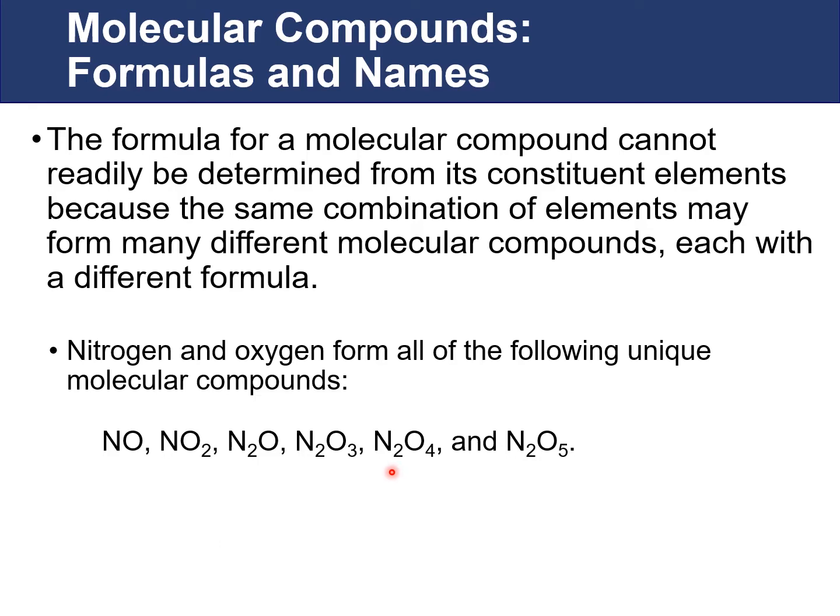The simplest whole number ratio would be to take the N2O4, divide by 2, which would give you the NO2. What that tells us is that we can't use a naming schema that would rely on the empirical formula. So for our molecular compounds, we have a naming schema that specifies the number of each type of atom that we will find in our molecular compound.